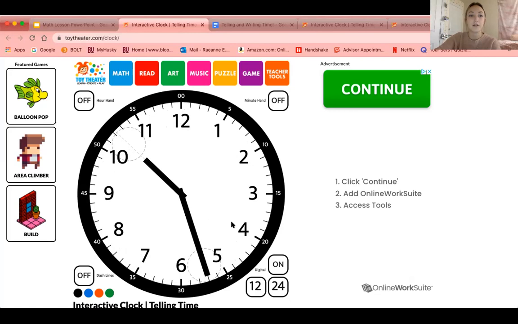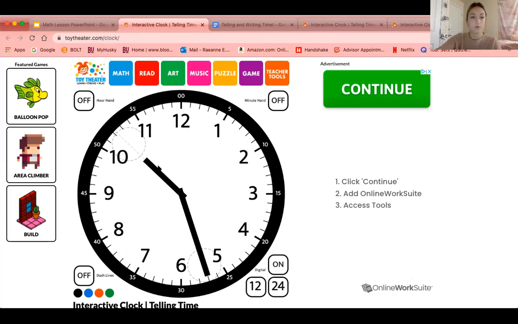Okay, so if you said the time here was 10:27, you are correct. We see that the hour hand is in between the 10 and the 11, but it's not at the 11 yet, so it's still 10 o'clock. And here we have the minute hand at the 27. So your time here is 10:27.